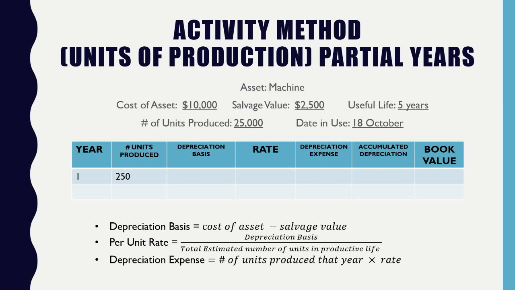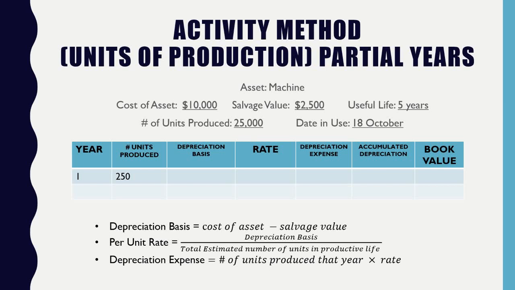Now let's go ahead and determine what the depreciation basis is, the per unit rate, and so on and so forth. So what's my depreciation basis? $7,500. Depreciation basis is going to be 10,000 minus 2,500, 7,500.